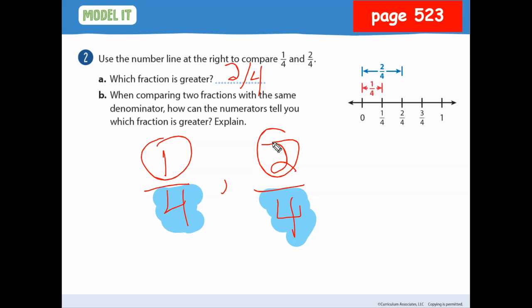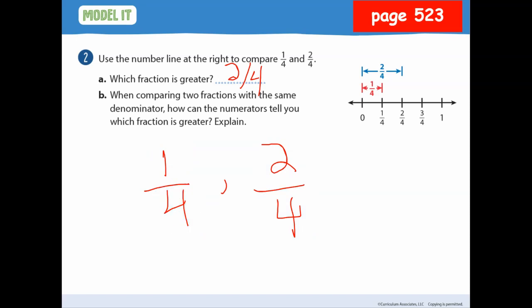So in this case though, if I have them like this, is 1/4 greater than 2/4? Okay, is 1/4 less than 2/4? Yes, so I'm going to do it this way.